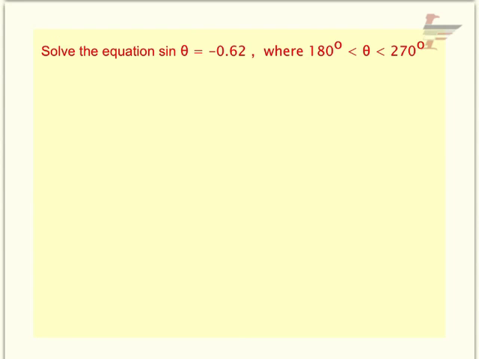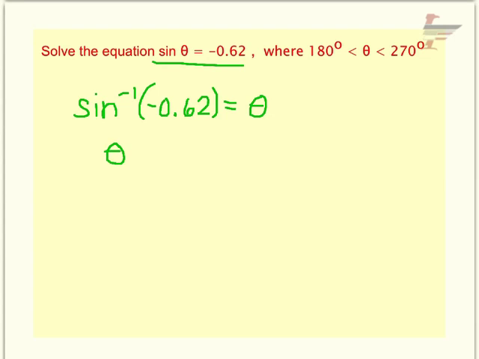Okay, I'll go through this one a little more quickly, but note again, it's sine of theta equals negative 0.62. First and foremost, I'm going to figure out where the sine has a value of negative 0.62. So I'll use inverse sine to figure out theta, and I get negative 38.3 degrees.